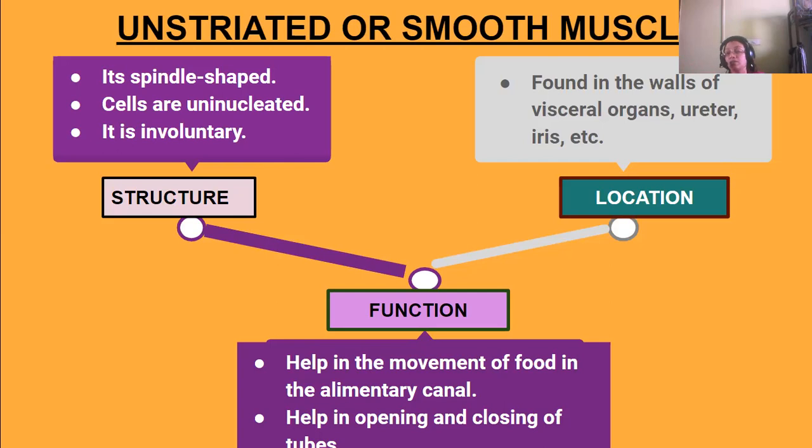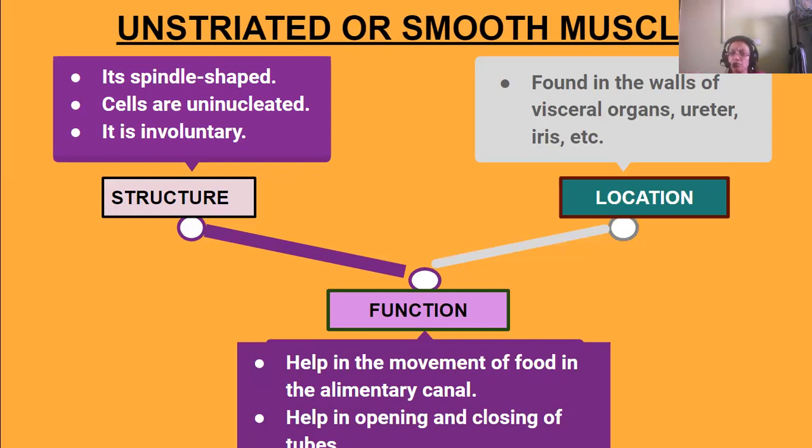Then the visceral organs, the intestine, the liver, the muscles which are found covering the liver, the intestinal muscles. These are all muscles which are not in our control. What is their function? It helps in the movement of the food in the alimentary canal, and also helps in opening and closing of the tubes.